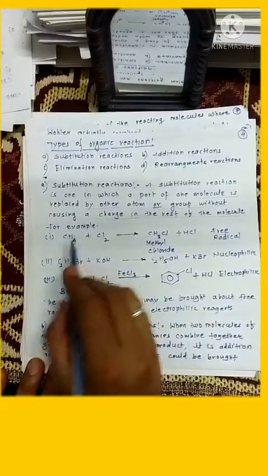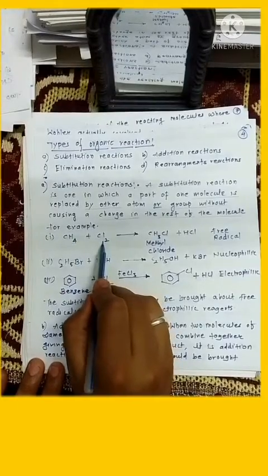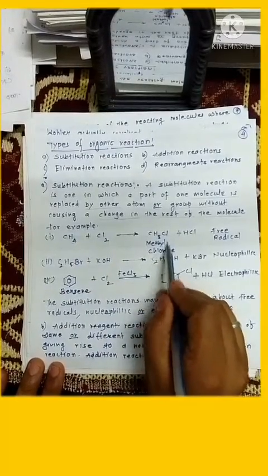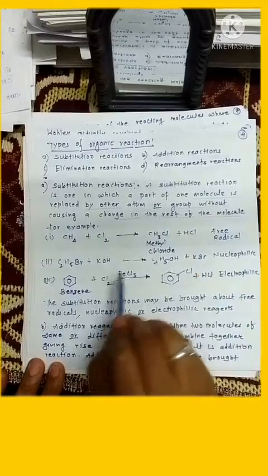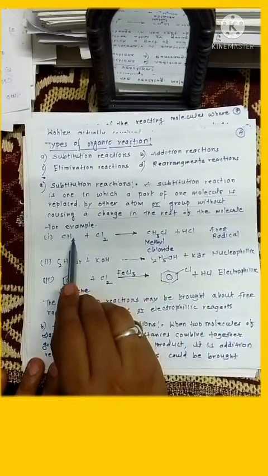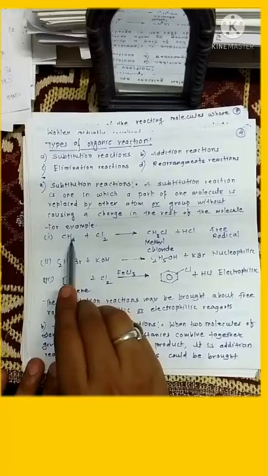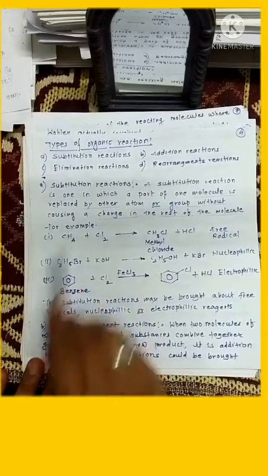For example, just see this reaction. Methane is reacted with chlorine and we got methyl chloride and HCl. Now just see here, during this reaction one of the hydrogens is replaced by chlorine.